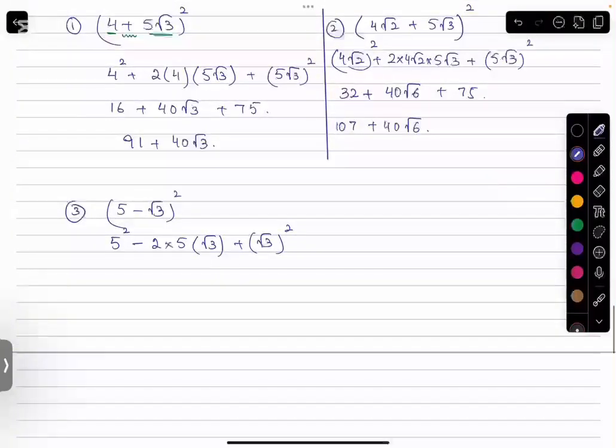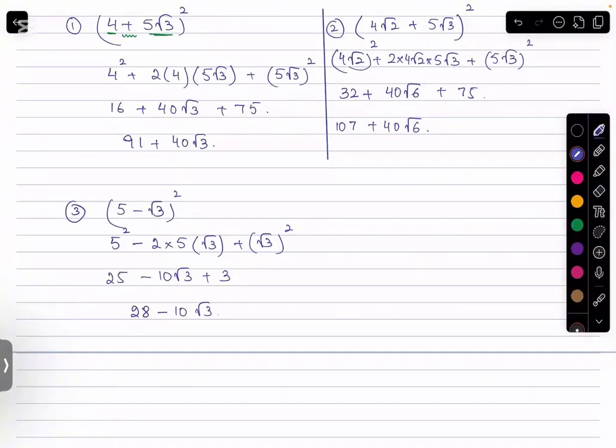चलें solve करें. 5 squared, that's a 25 minus 10 root 3 and then plus 3. So I'll be left with 28 minus 10 root 3.